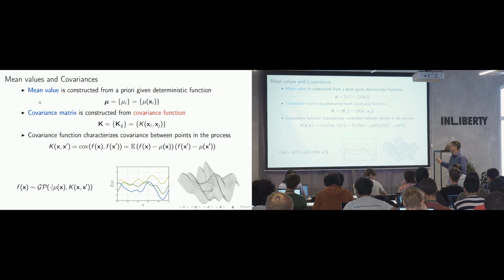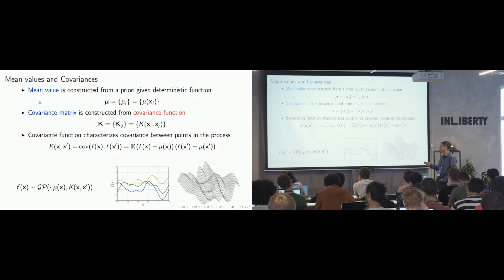And so we assume that all values of the covariance matrix K capital are defined by this covariance function, which can be interpreted as the covariance between any two values of the stochastic process at any two points x and x prime.